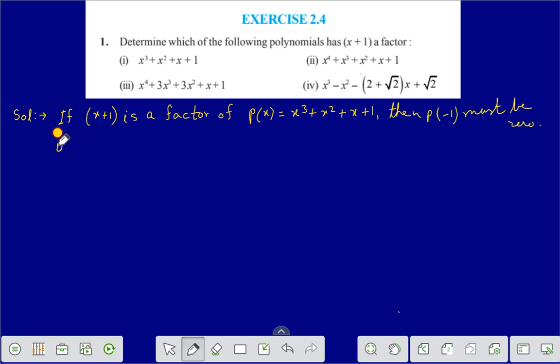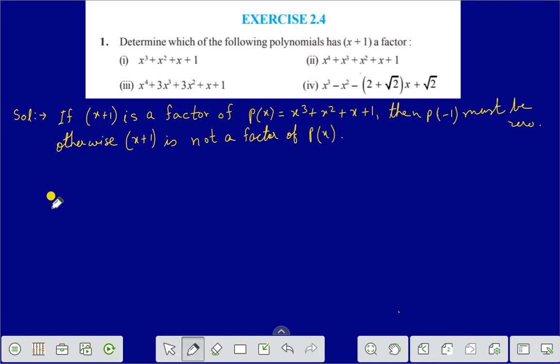Otherwise, x plus 1 is not a factor of p(x).